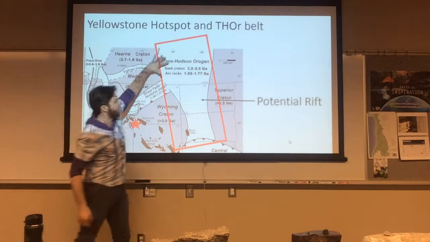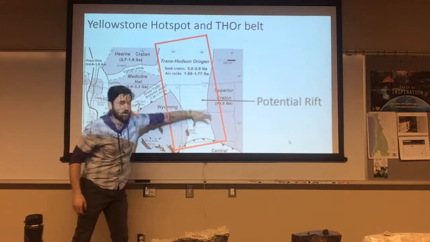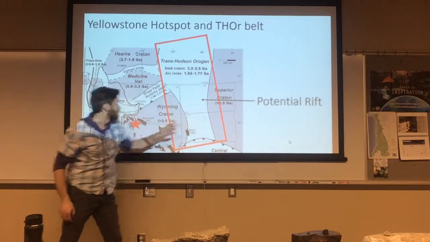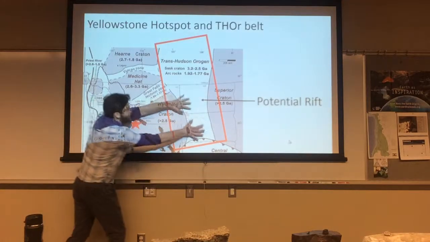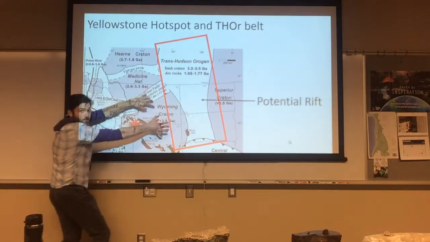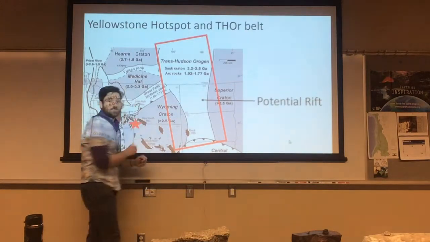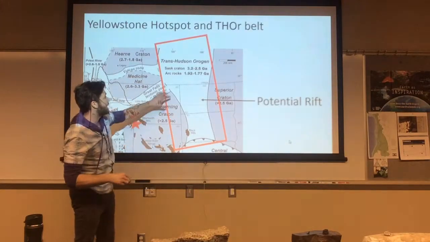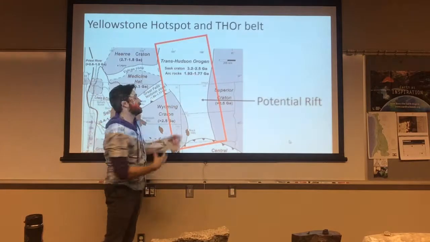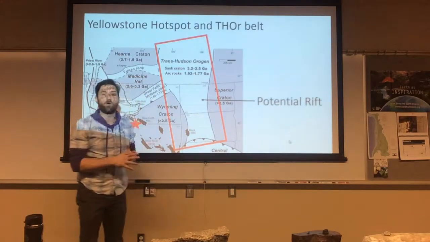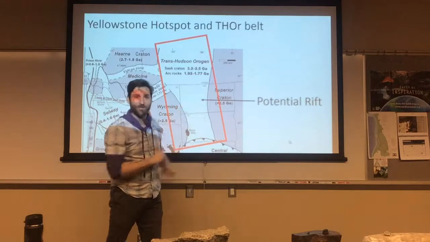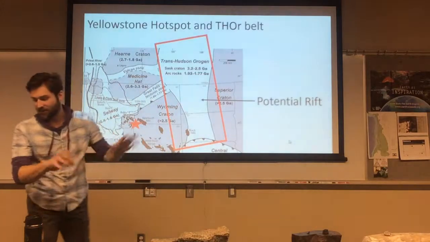So here's that weak belt of rock running through the Dakotas. Here's the Yellowstone hotspot. North America's moving in this direction, right? A couple million years from now, the Yellowstone hotspot hits the Thor boundary, or the Trans-Hudson Orogen boundary, and rips these things apart. And we can say, bye-bye East Coast, right? No, I'm just kind of joking there.